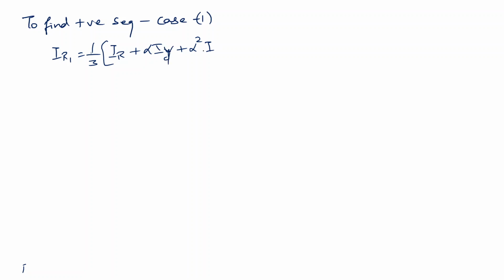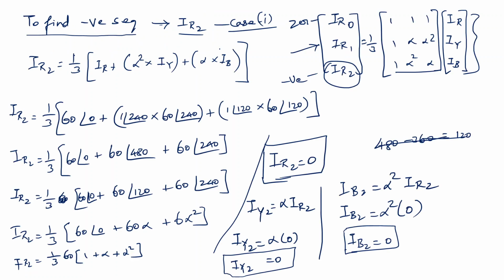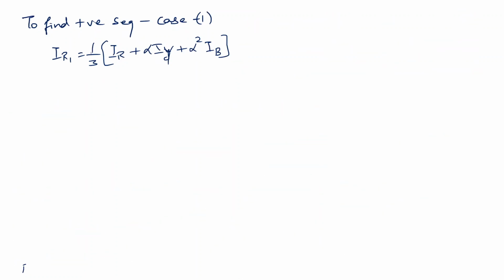This is capital letter I. Correct? Am I right? Yes. Alpha square IB. Okay, now apply the values and find the answer.